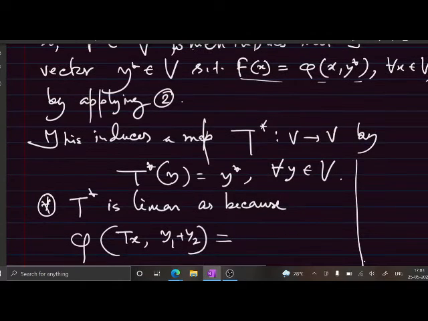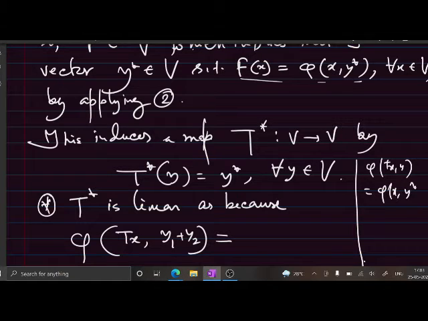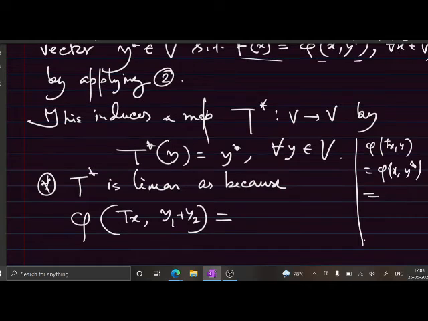So from this, phi of Tx, y equals phi of x, y star, but what is y star? Y star is T star y. So phi of x, T star y.